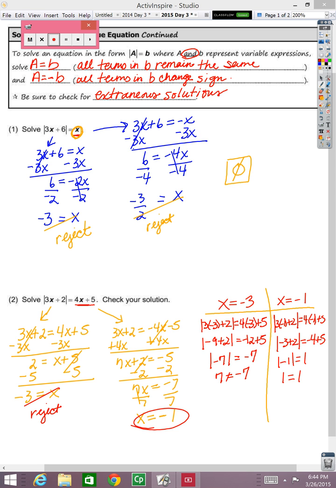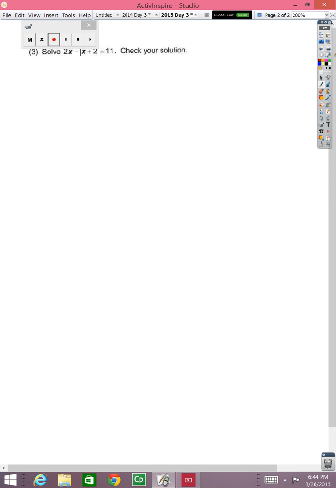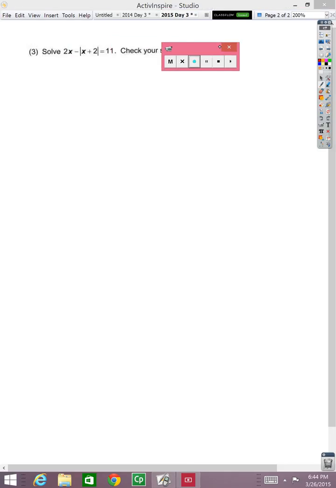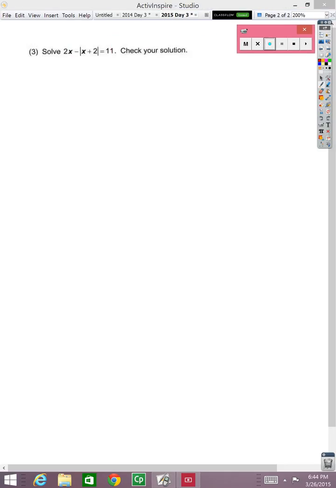Okay, so let's move to the back and the last question. In this question, the absolute value is not isolated. So the first thing that we want to do is isolate the absolute value. So I'm going to have to subtract 2x.